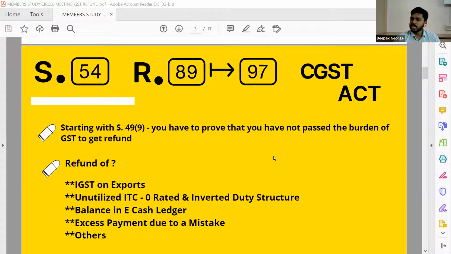If you have passed the burden to a supplier or to a recipient, the supplier or the recipient is bound to get a refund. So in any application, be it for zero rated supplies, for balance of cash ledger, or for excess payment of GST, ultimately you'll have to prove that you have not shifted the burden to the other person.